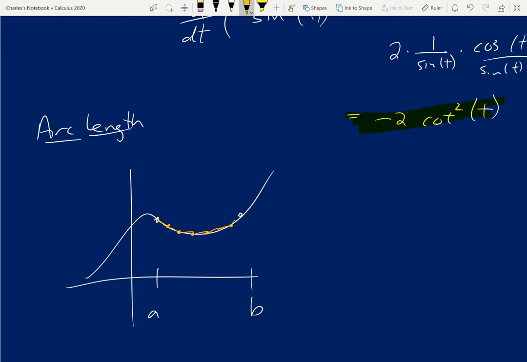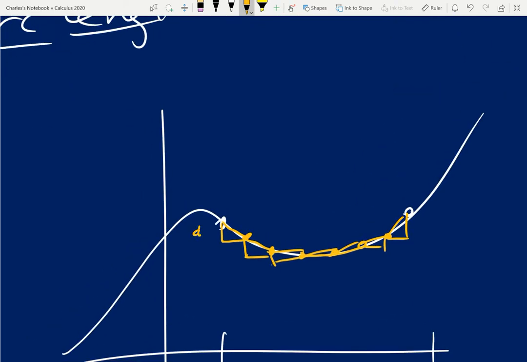And I can think of this as a dx/dt, dy/dt, dx/dt, dy/dt, where this is dy/dt and this is dx/dt.